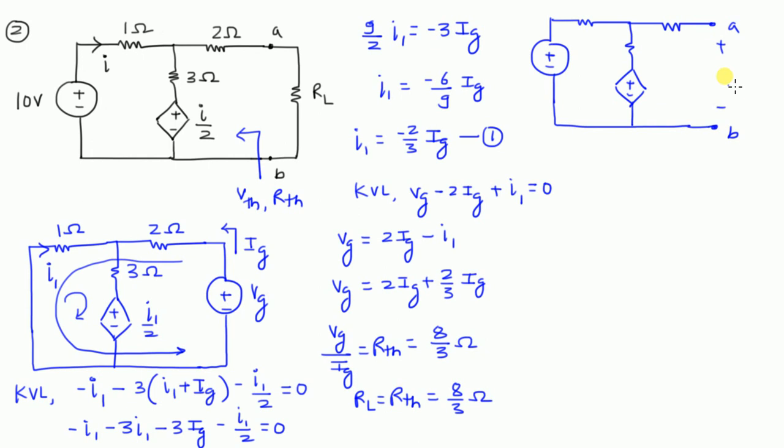Once we remove the load resistance, then there is no returning path from A to B, or path is open, so no current is flowing through this 2 ohm resistance. It means voltage across this path is VTH. This voltage is VTH.